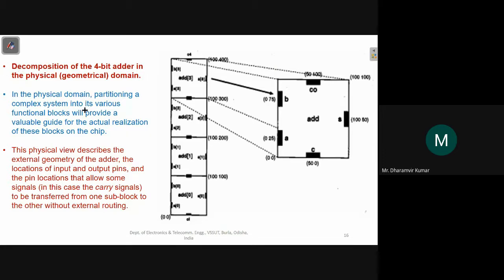Now this is showing again the decomposition of a 4-bit adder in the physical geometrical domain. Earlier it was showing the structural part. Now it's showing the geometrical part. Look here. This is adder number 0, adder 1, adder 2, adder 3. So in total, it's a 4-bit adder.